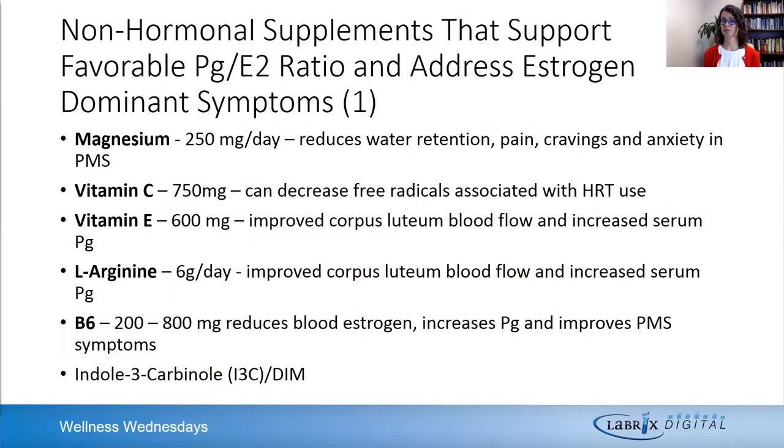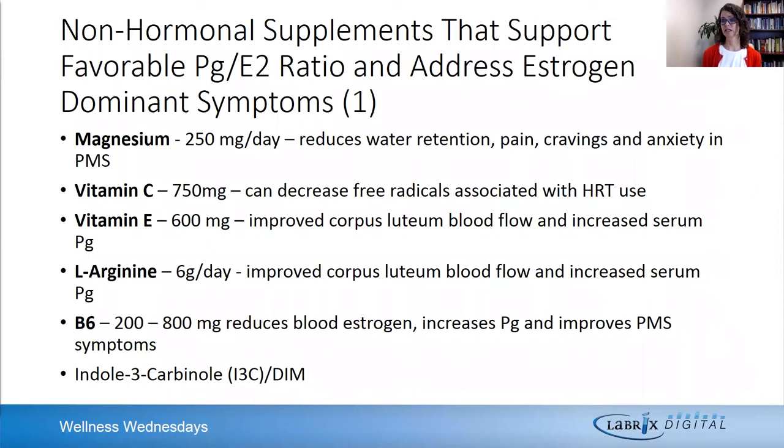Now some non-hormonal supplements that support a favorable PGE2 ratio and address estrogen dominant symptoms. There's quite a lot that I'm going to be rattling off for you, so just hang in there with me. A couple of them I'll point out in a little more detail. Magnesium can help reduce water retention, pain, cravings, and anxiety associated with PMS.